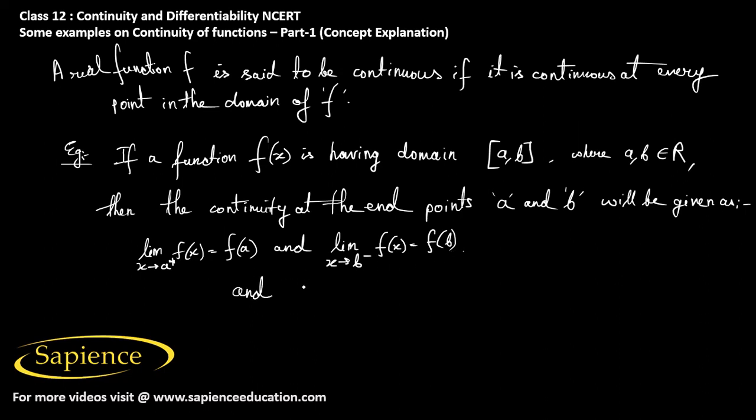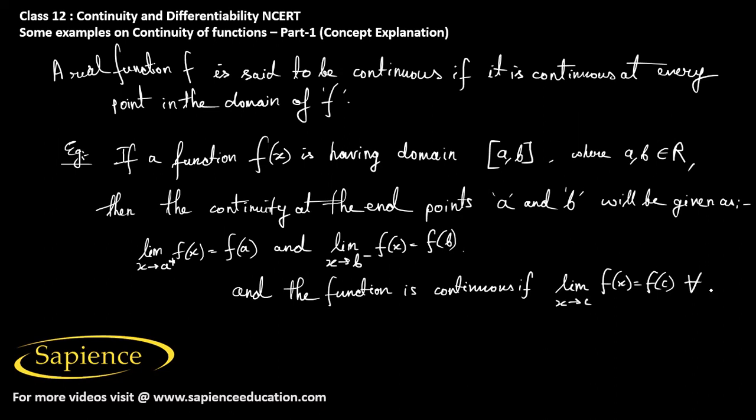And the function is continuous if limit x tends to c of f of x equals f of c, for all values of c belonging to the open interval a to b.